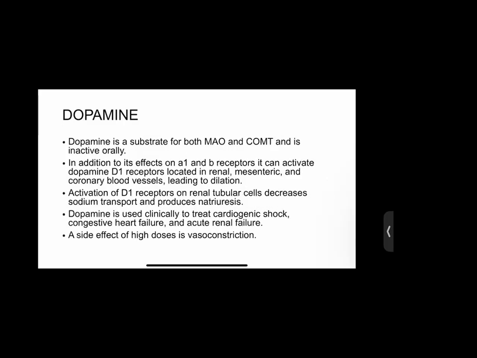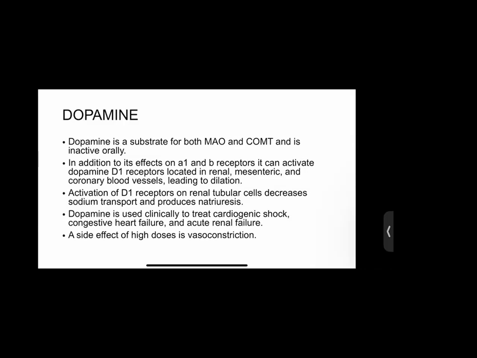By being mixed acting, it enhances the release of norepinephrine from the vesicles and also has both direct and indirect action on the vessel. Dopamine is a substrate for both monoamine oxidase and COMT enzymes and is inactive orally.